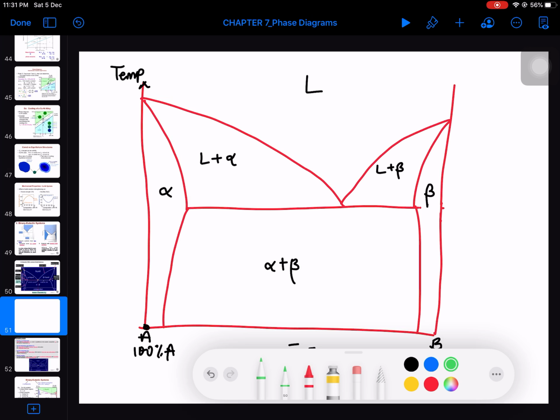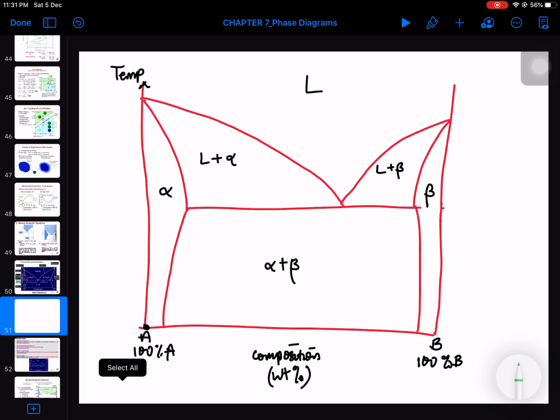And then we have the phase boundaries. This is the liquidus line, and this is also the liquidus line. The liquidus line separates the liquid and the liquid plus solid region on both sides.